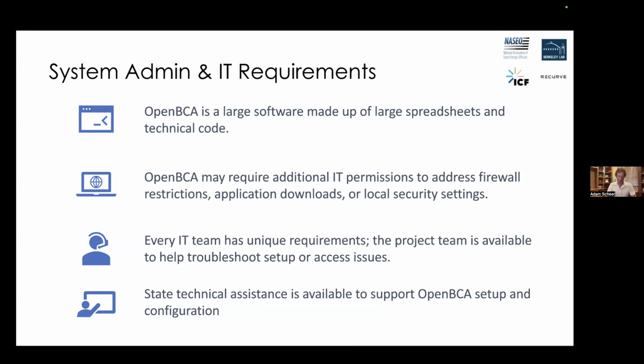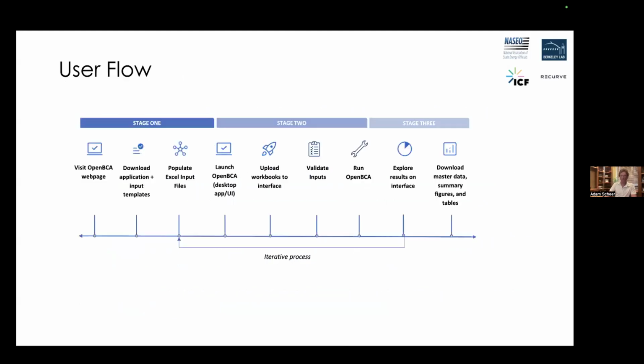So the OpenBCA itself is mainly Python and SQL. And it leverages a lot of other work. Anytime you develop software these days, you're standing on the shoulders of giants that came before you. So we have specific IT related documentation to help your IT team get started reviewing the OpenBCA, and we're available to help answer questions as needed.